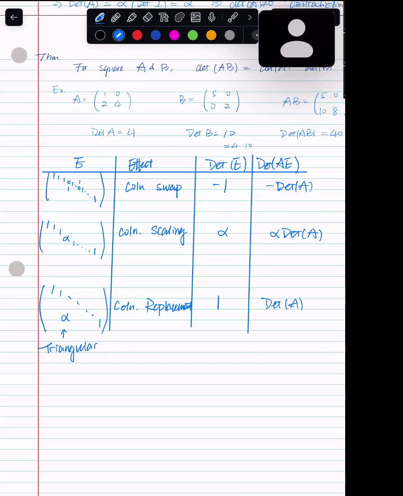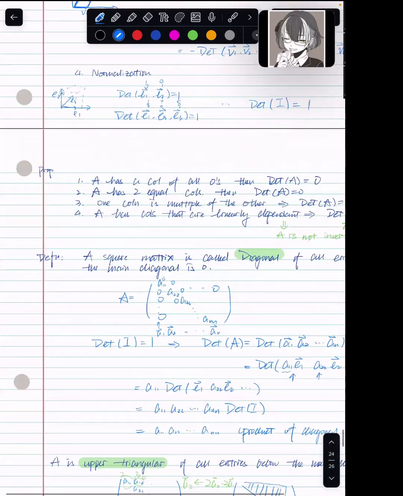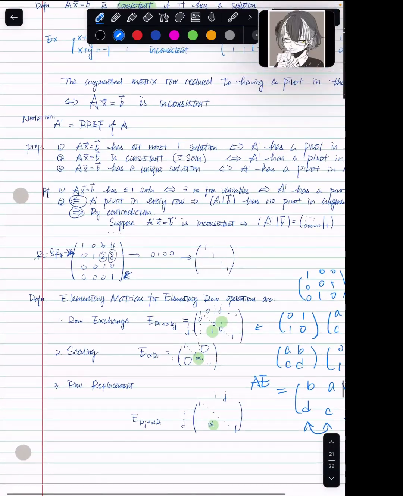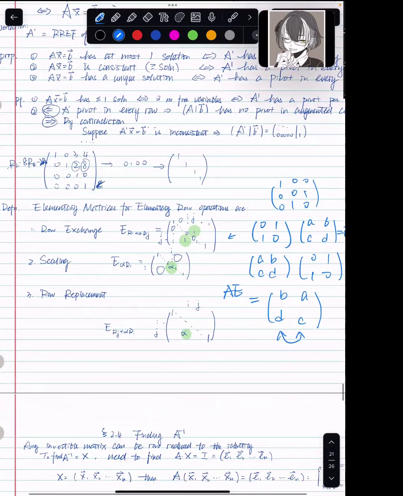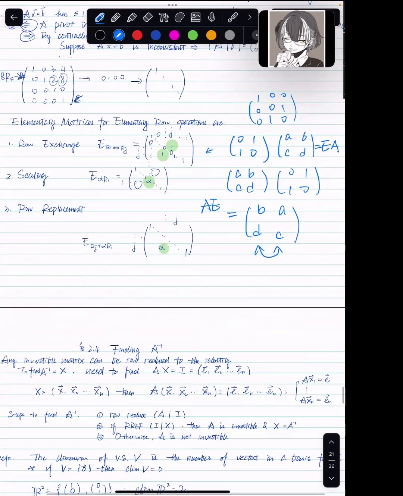Column replacement is a triangular matrix. Yes. Because this is the case where we have ones everywhere, but in this case, the jth row and ith column is the alpha.